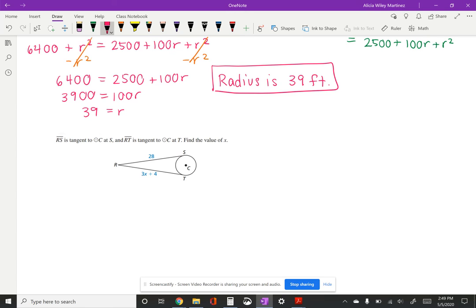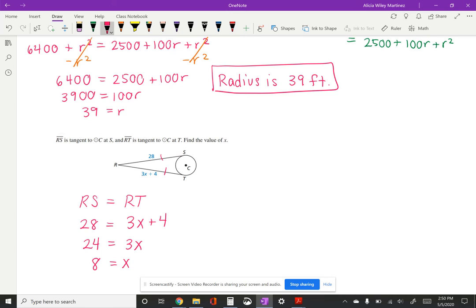From that external tangent congruence theorem, because these are both tangents, we can say that they are congruent, which means that their lengths are equal. If their lengths are equal, you can set their lengths equal to one another and solve for the variable x. So subtracting 4 on both sides, dividing both sides by 3 will give you an x value of 8.